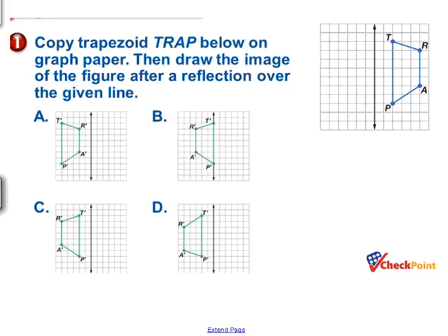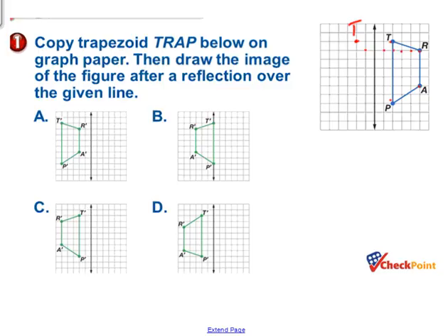Looking at this diagram, trapezoid T, P, A, and R. I'm going to graph it by moving over. I'm going to move over 2 units here, 1, 2. That becomes T prime. Move this over 1, 2, 3, 4, 5.